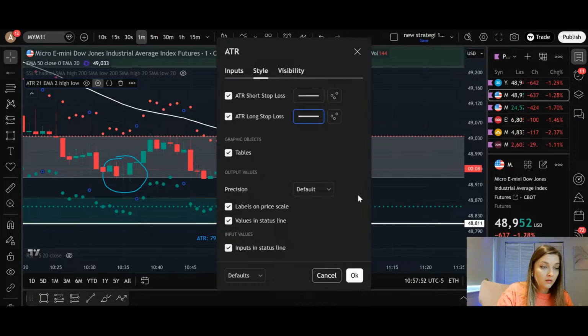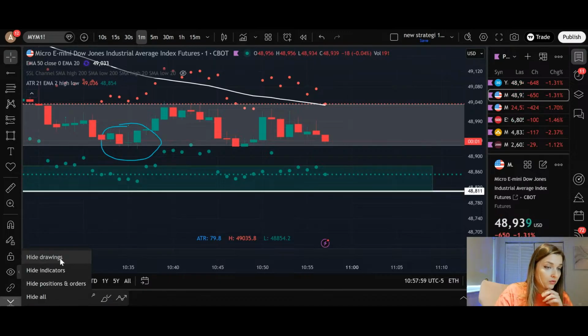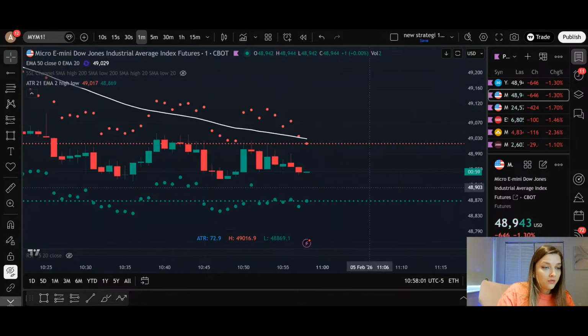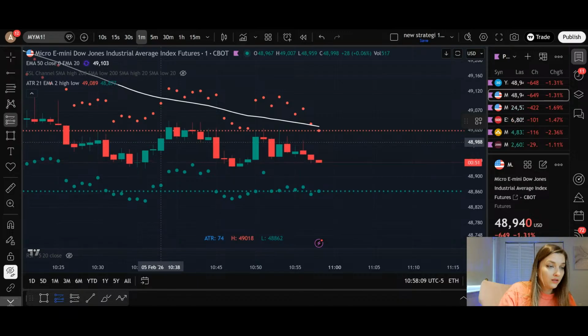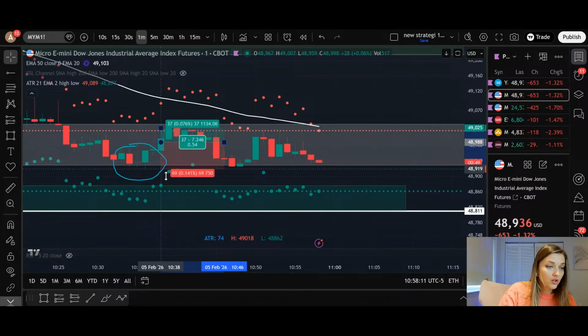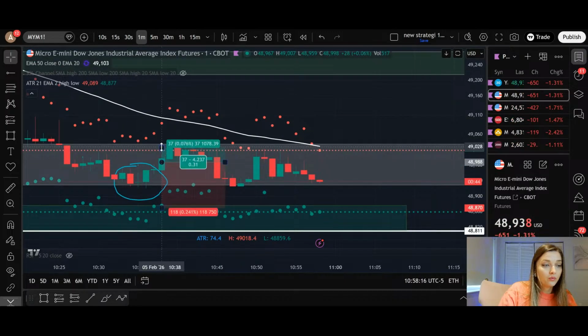Let me hide drawings so you see. For example, if you enter long right here, this is the candle. You put your stop loss just where the ATR shows you, and then you go for the 2.